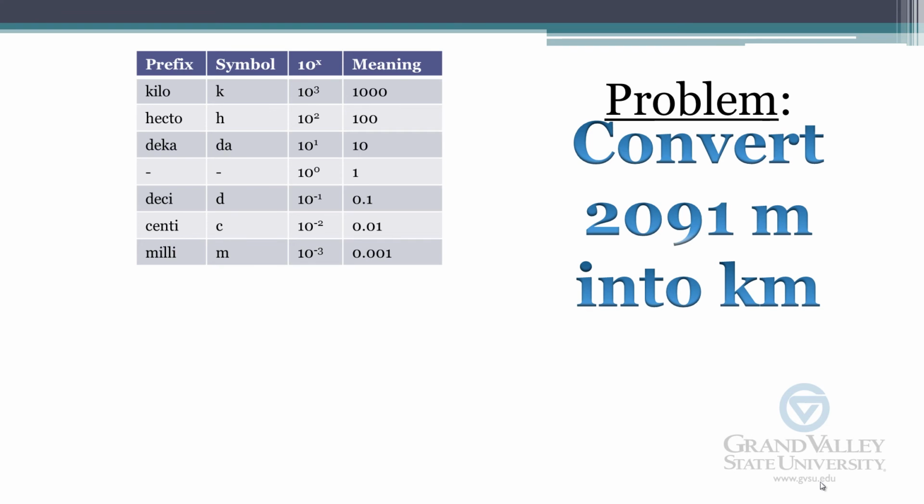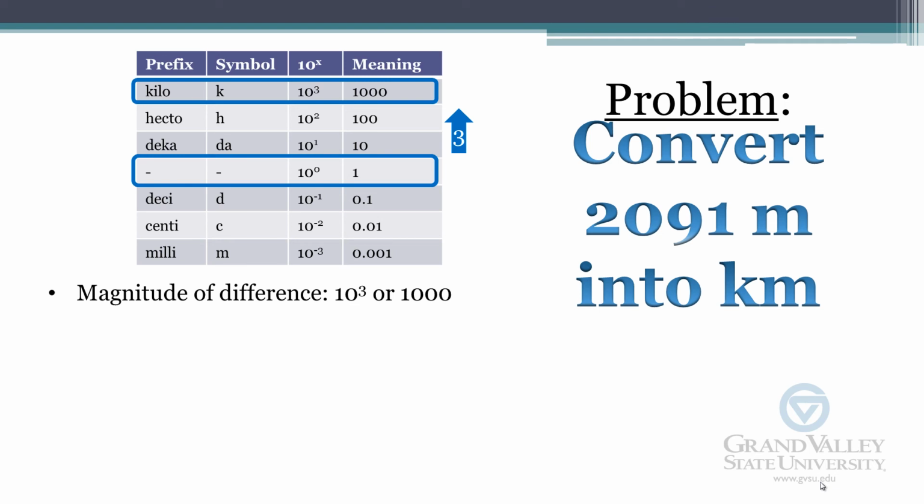A common problem when converting metrics is not knowing whether you multiply or divide to get your new number. Let's convert 2,091 meters into kilometers. We know that the magnitude of difference between meters and kilometers is 10 to the third, but what calculation do we need to do to achieve the conversion?